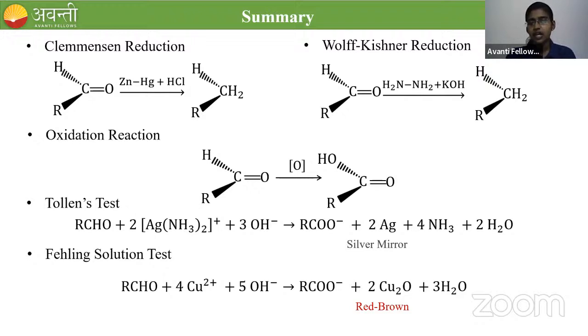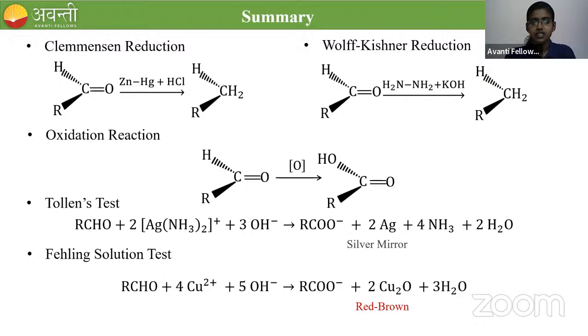If the aldehyde is aliphatic, it is converted to the carboxylate ion or carboxylic acid, and Cu2O is formed as a red-brown precipitate. By seeing that precipitate, we can confirm that the system has an aliphatic aldehyde in it. This is what we have discussed in the classes.